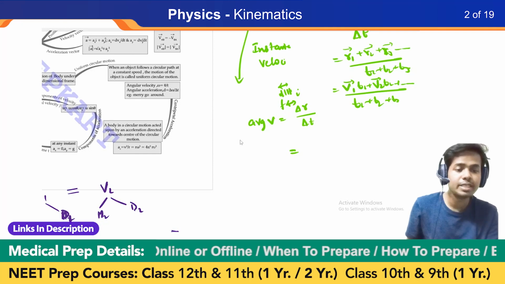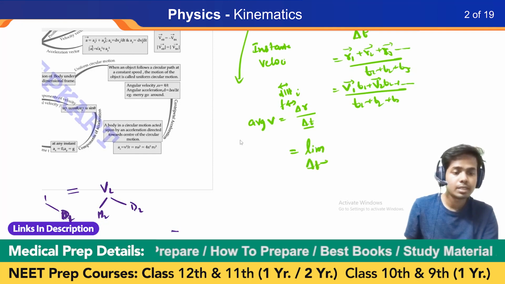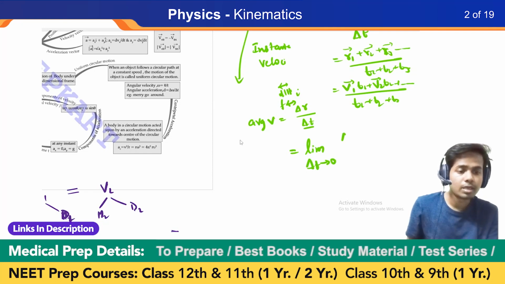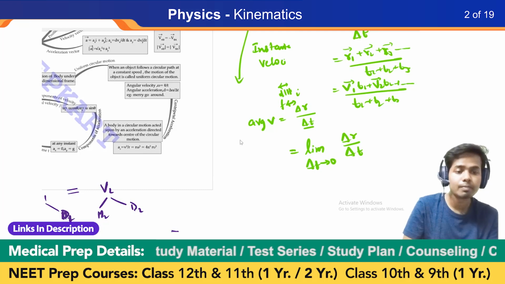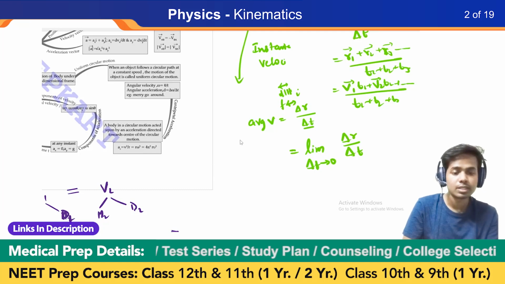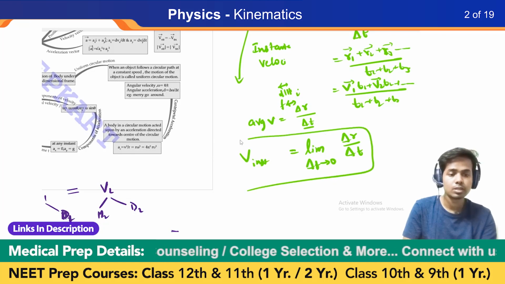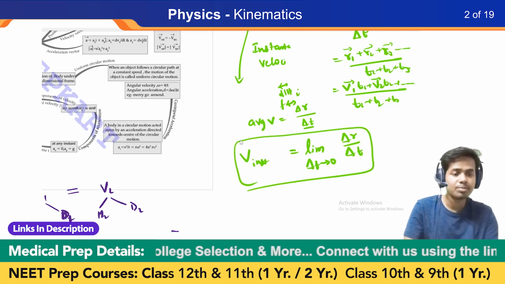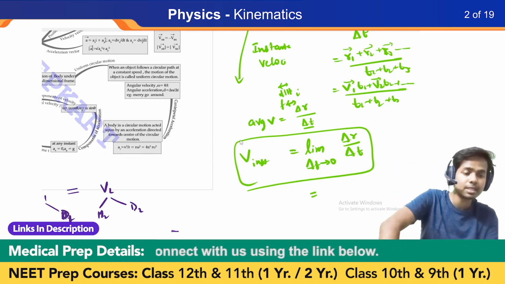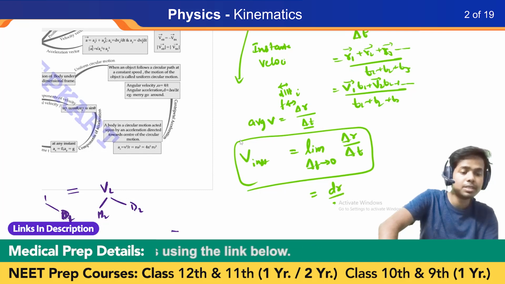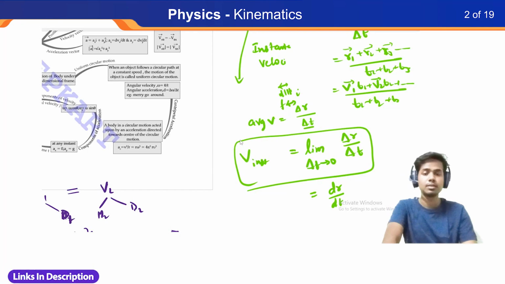Then it will tend to the limit as delta t tends to 0 of delta r by delta t. This will be the instantaneous velocity, v instantaneous, right? And if you have learned it in mathematics, this can be written as dr by dt, differentiation of the position vector with respect to time.